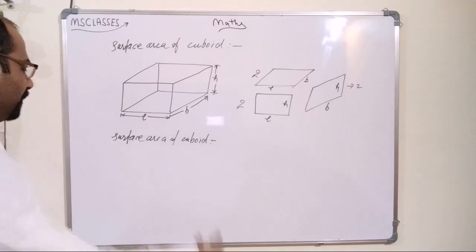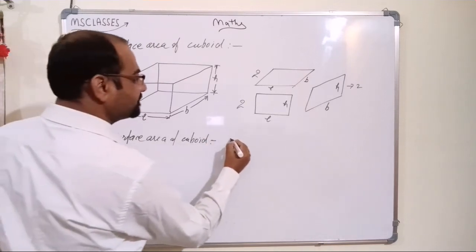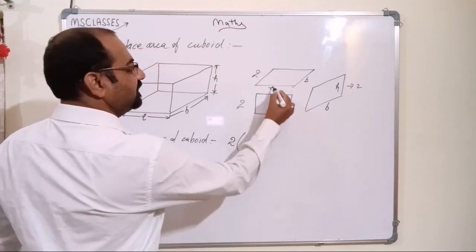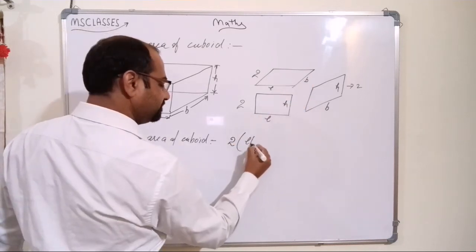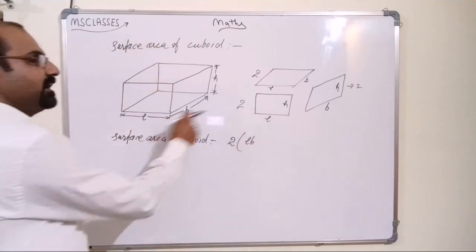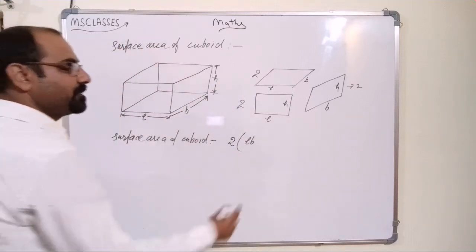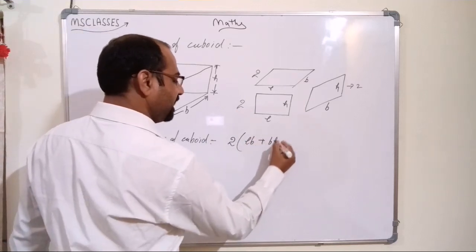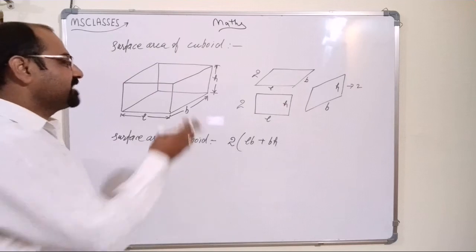Okay, so surface area is 2 times length into breadth. This is our floor and ceiling. Then side wall, this is breadth into height. This is our side wall.